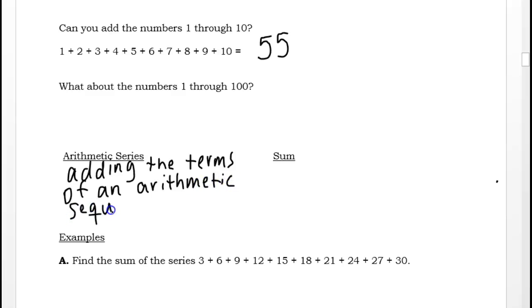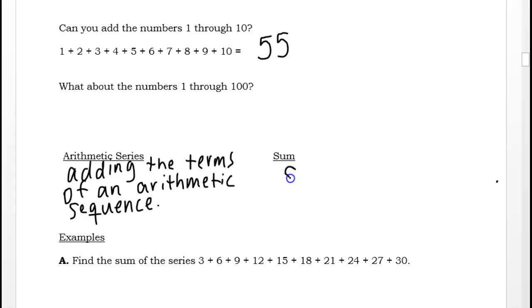We've been talking about sequences for quite a while, but anytime a list of numbers increases by the same value, that's a sequence, and then adding up all the numbers from that list of numbers would be a series. So 1, 2, 3, 4, 5, 6, 7, 8, 9, 10, that's a sequence of numbers that increases by 1. The series, adding up those numbers 1 through 10, is 55.